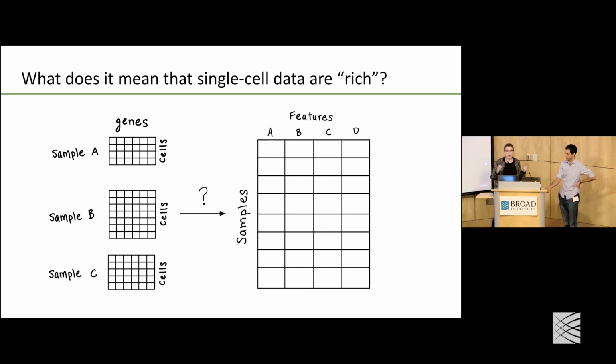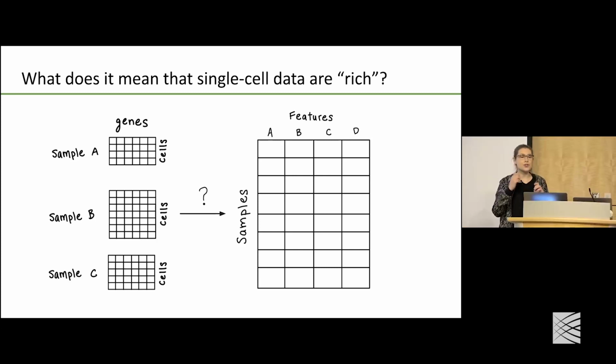And we might also want to collapse that other axis, the genes axis, but we also can't do that immediately because there's no obvious equivalencies across our cells from the different data sets. So we need to do something else.